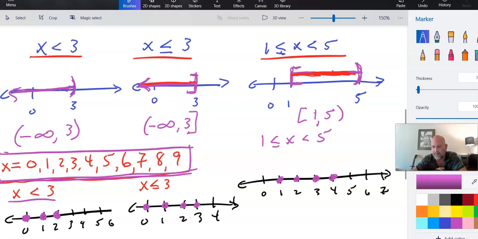You're going to have 3 people, or you're going to have 4 people, and it just depends on what the situation warrants. So there are situations where you have set numbers and you can't have anything in between them. And so, just for vocabulary's sake, when you have something like this, these x values are what's called discrete.